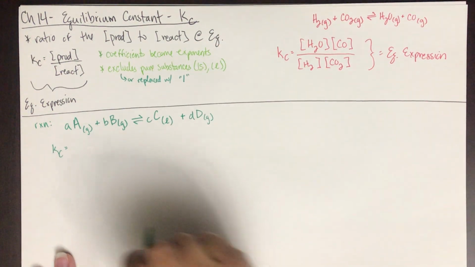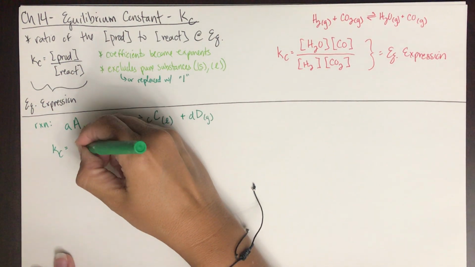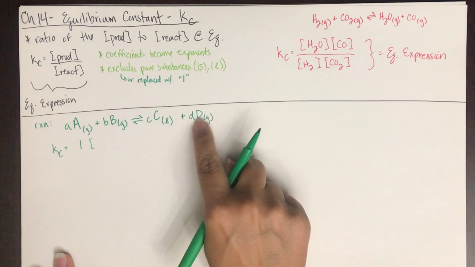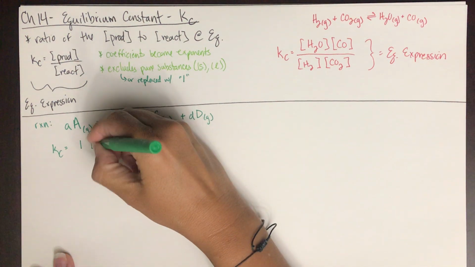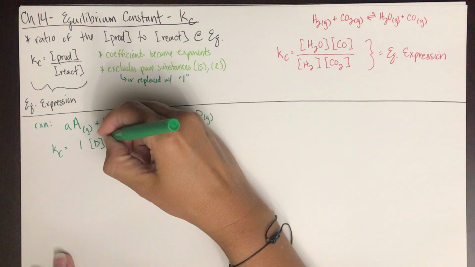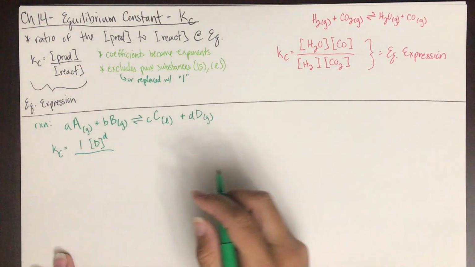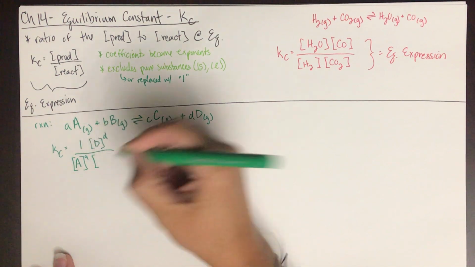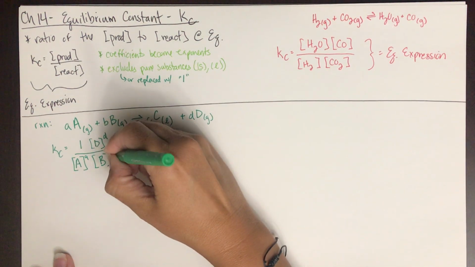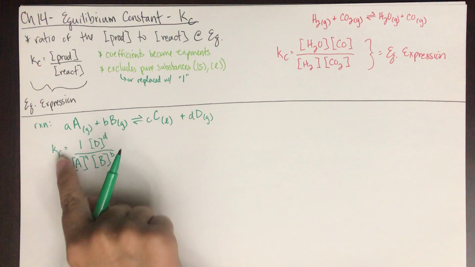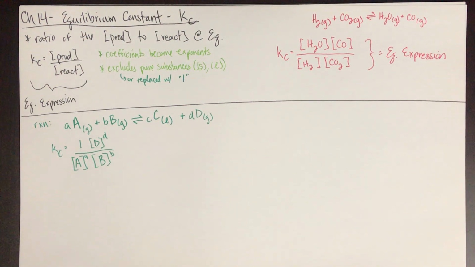I'll put that in there just so you can see. So here we'll just put 1 times the concentration of D. In this case, little d here was my coefficient, so it becomes my exponent. And then down here it would be A raised to the lowercase a times B raised to the lowercase b. So this would be the equilibrium expression, and Kc would be the value there.